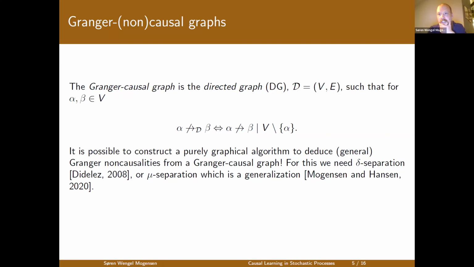That's a purely graphical thing, and it's not obvious that it's easy, because essentially you have the first graph, then you remove an edge, and you want to know if they're still equivalent, right? But one can show that that's actually easy.